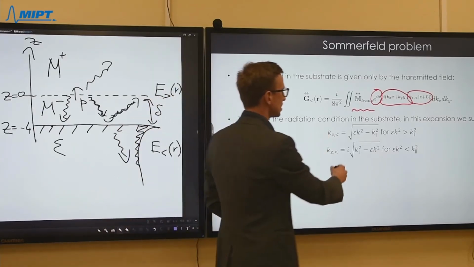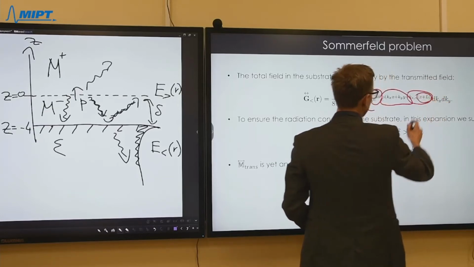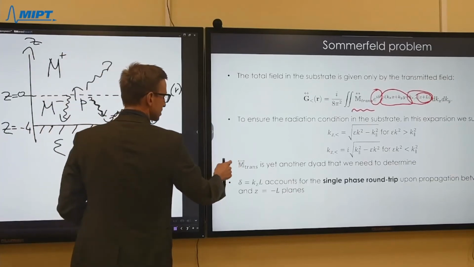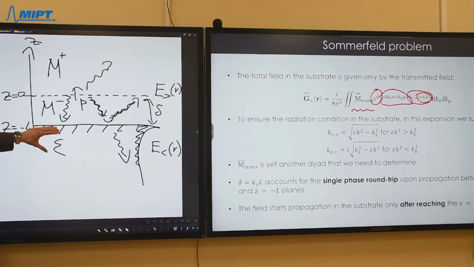We plug this Kz here, and in this wave, we have not simply the absolute value of z, but z plus L, because the wave starts to propagate in the substrate only after it reaches this plane.